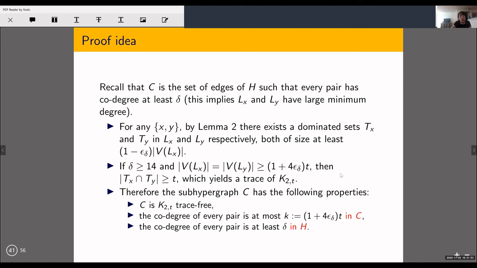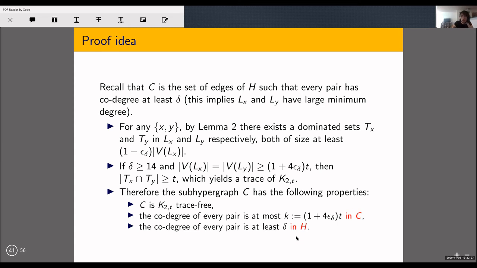And from this condition for the dominated sets, we have that every co-degree is at most this 1 plus 4 epsilon t inside of C. Okay, so we call this value K. And moreover, by the definition of C, every codegree is at least delta. So we have this lower bound and upper bound on the codegrees, but we look at the codegrees within the different hypergraphs.